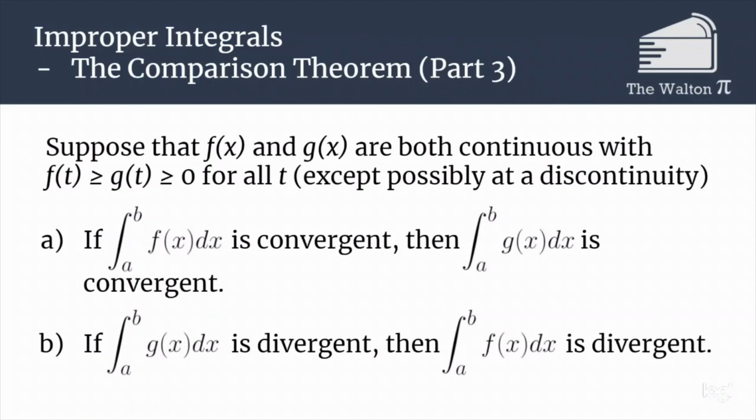So it might be possible for g to be bigger than f, but only at the discontinuous points. That's the only place where we are allowing g to be bigger than f. But if that's the case, then if f is convergent, then g is convergent, or if g is divergent, then f is divergent. It's the same situation in all of these. It's just a matter of our bounds that is going to be changing.